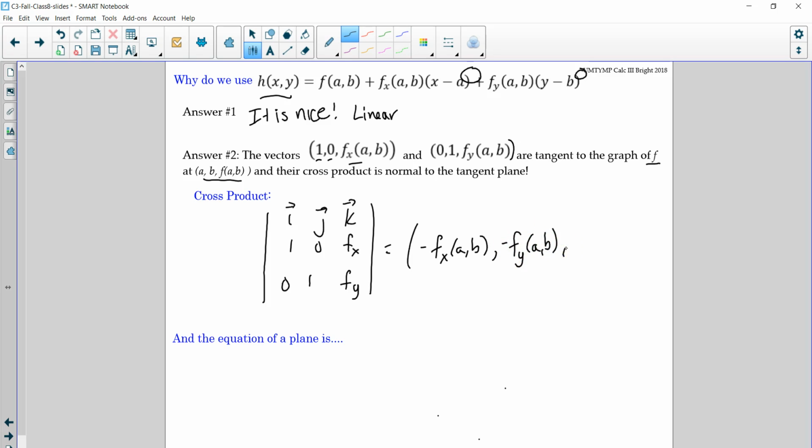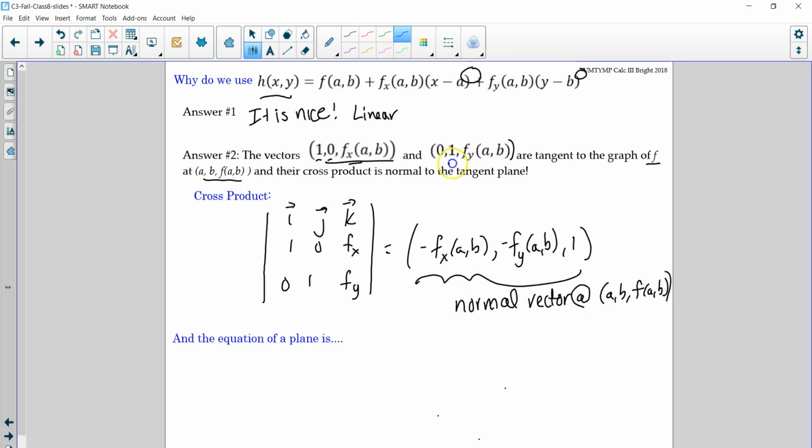And then in the third component you just get 1. Okay? And so this is actually the normal vector at (a, b, f(a, b)). Okay, again, assuming that these vectors are the tangent vectors.